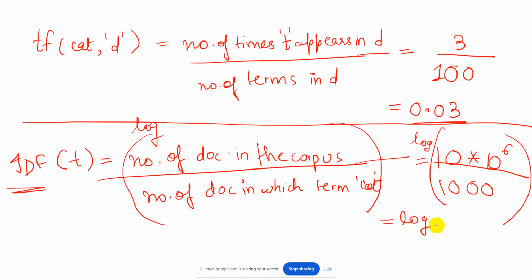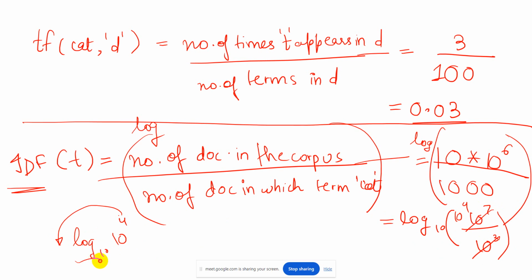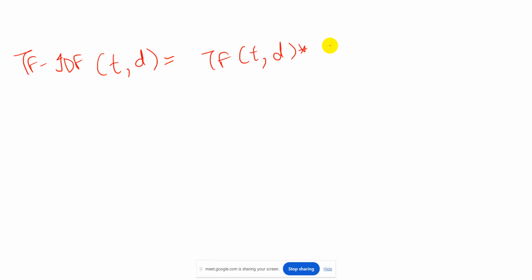So if I take the log to the base 10 of 10 power 7 by 10 power 3, this is 10 power 4, and we know that in case of log base 10, the power comes to the front and log 10 base 10 becomes 1, so this becomes 4. So TF-IDF of the term T in the document D is TF of the term T in the document D into the inverse document frequency of the term.